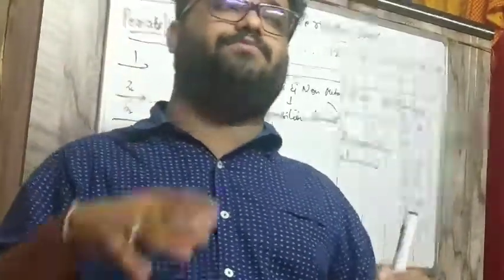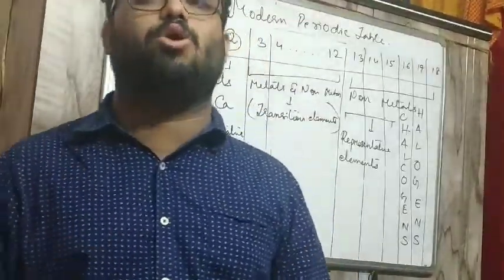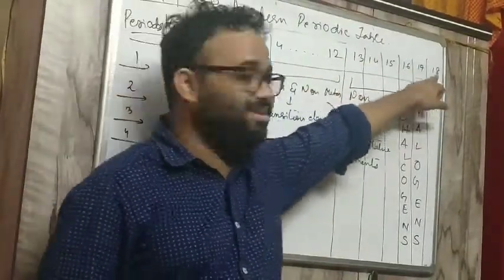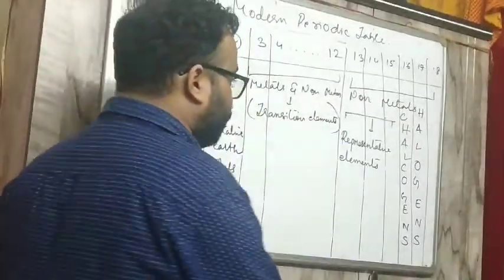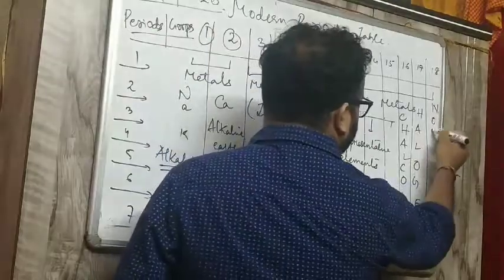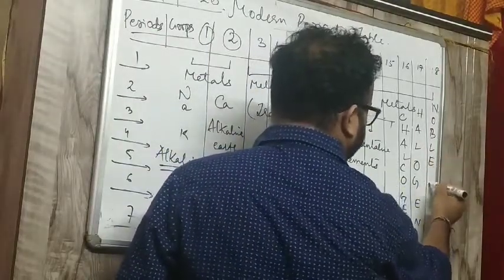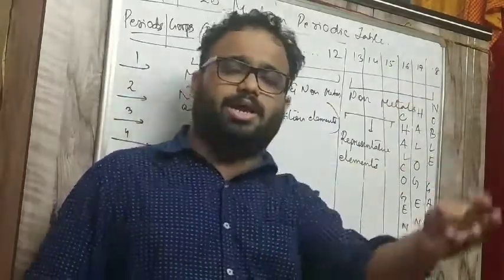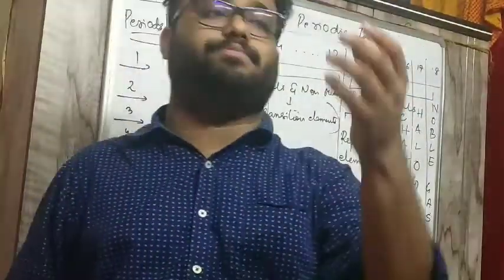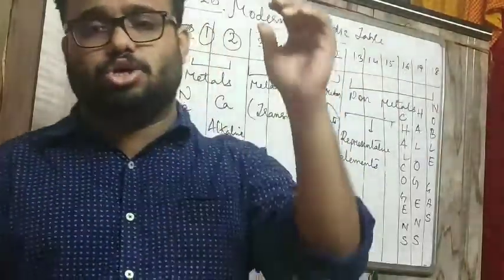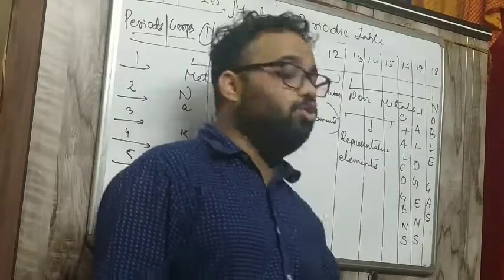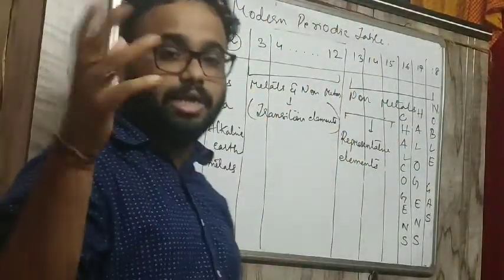That zero group has now come into existence as group 18. In group 18 you have the noble gases: helium, neon, argon, xenon, radon. These gases do not react with each other, and hence they are given the name noble gas. So this is the rough idea of the periodic table.